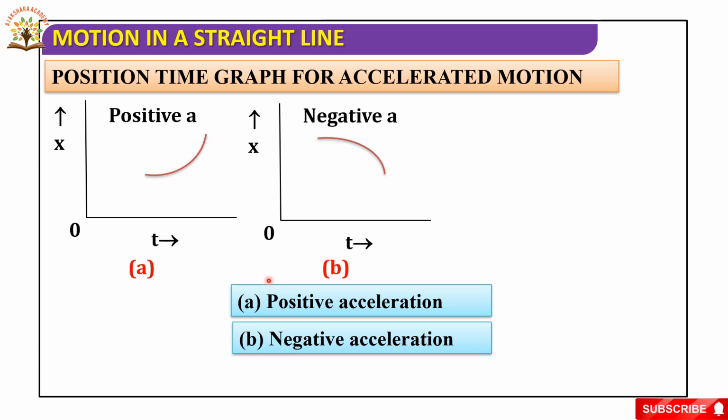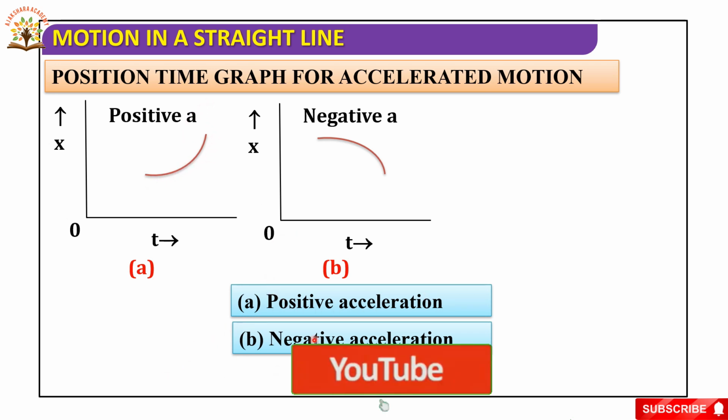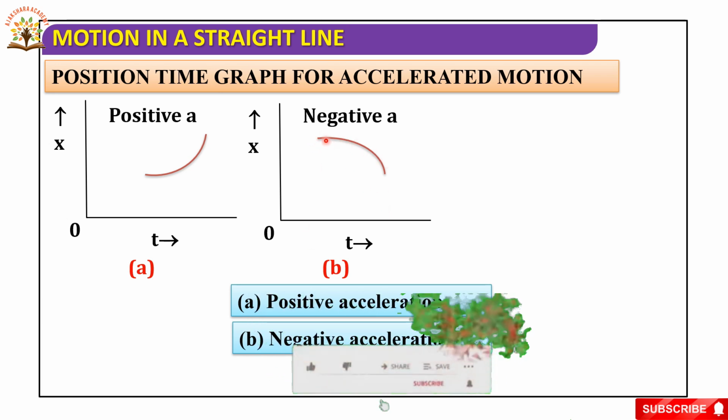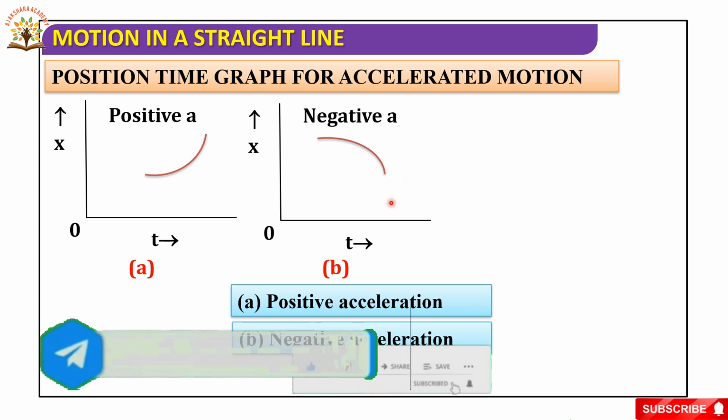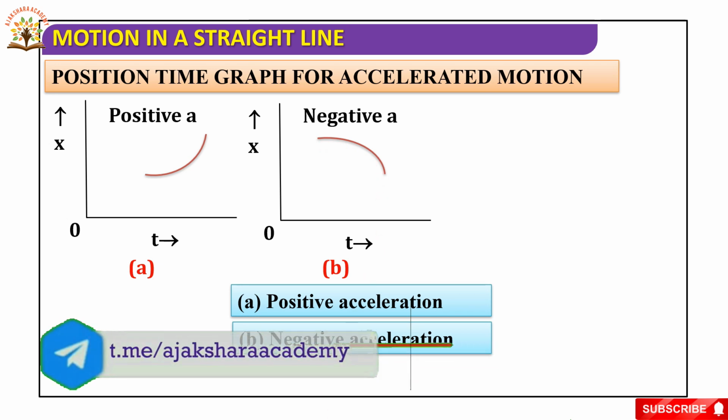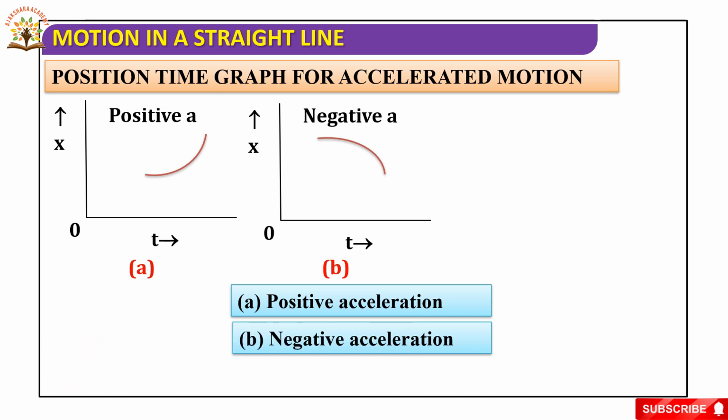Negative acceleration is when the velocity decreases with respect to time. Here the change in velocity is increasing, and here it is decreasing. When velocity increases with respect to time, it is said to be positive acceleration.